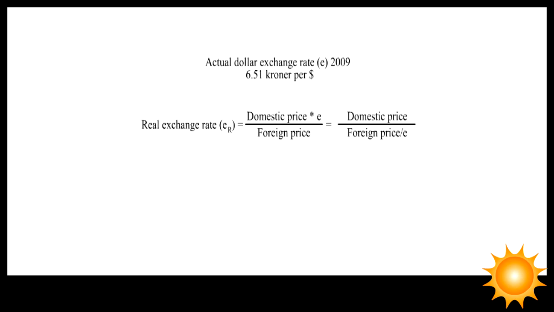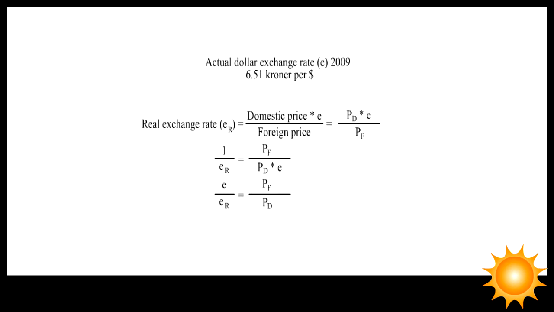Substituting math symbols into the formula and taking the reciprocals on both sides of the equation, and multiplying both sides by the actual exchange rate E, we can see that dividing the actual exchange rate E by the real exchange rate E sub R is equivalent to computing the purchasing power parity, PPP.